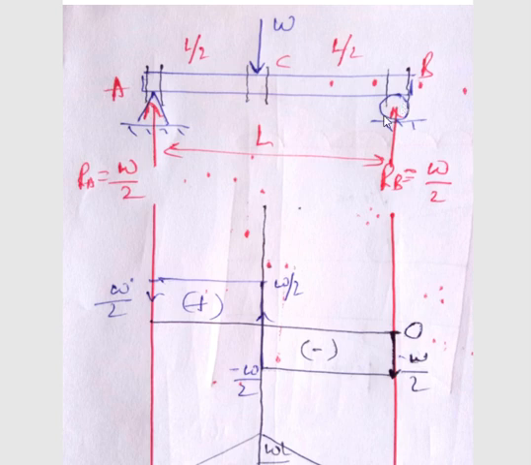Because of the supports there will be a reaction RA at the left end and reaction RB at the right end. We need to calculate RA and RB, but directly you can say, since this is a symmetric loading acting exactly at the center, the load will get split into two halves. Then RA will be W by 2 and RB will be W by 2.